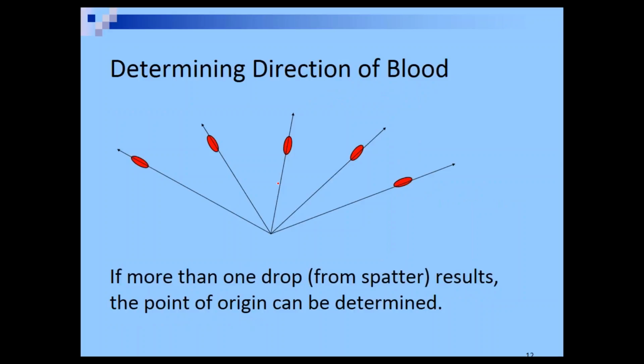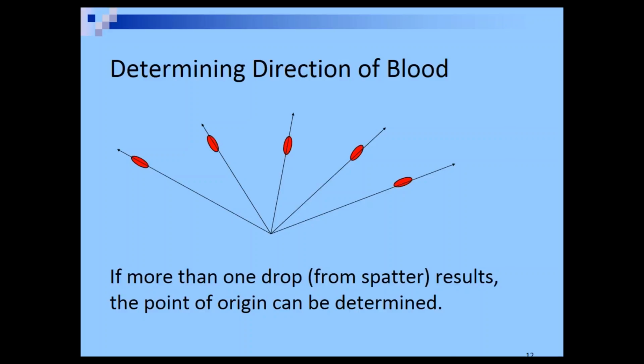It's important to understand, let's take the case of a gunshot. I'm standing in front of a white wall, and somebody shoots me, and the bullet enters my chest, goes out my back, and blood comes out of the wound and splashes against the white wall.